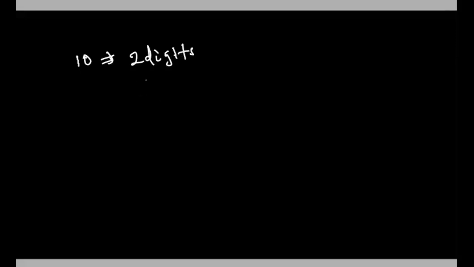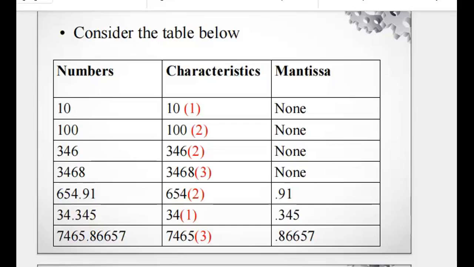And in this case, I'll just do a minus 1. That is, 2 minus 1, which is equal to 1. So therefore, 10 has just 1 as the characteristics. That is why it's in red there.